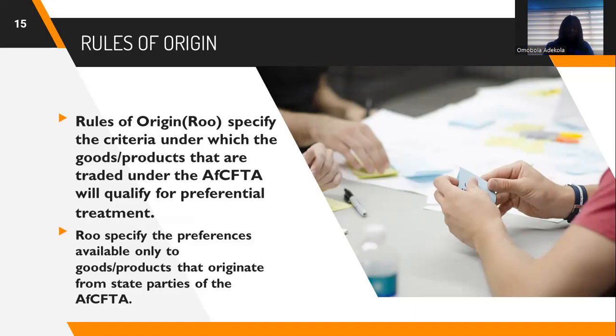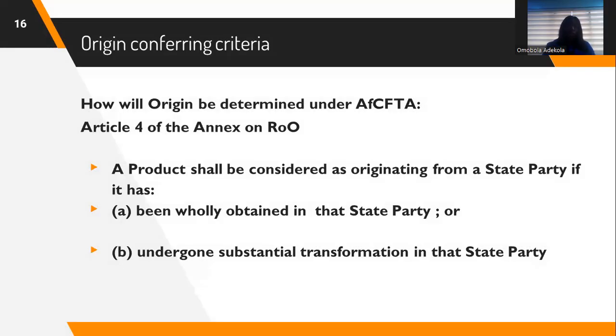So that is what rules of origin deal with. And the agreement already specifies how to determine that under the AfCFTA. So we are going to be looking at that.